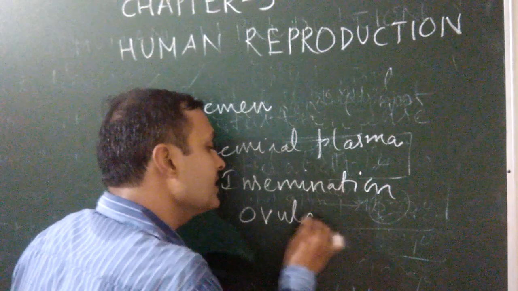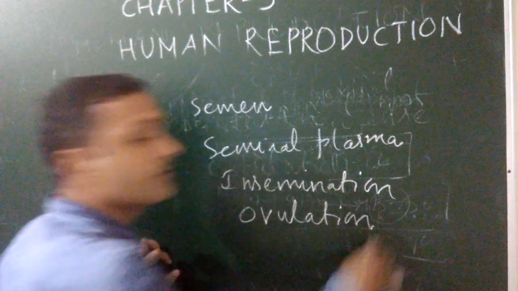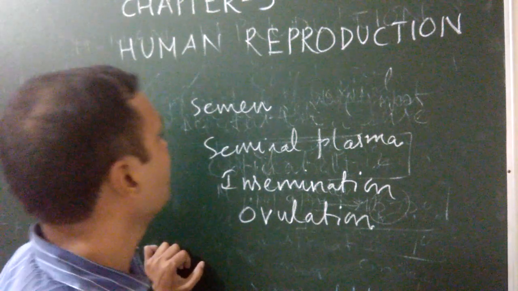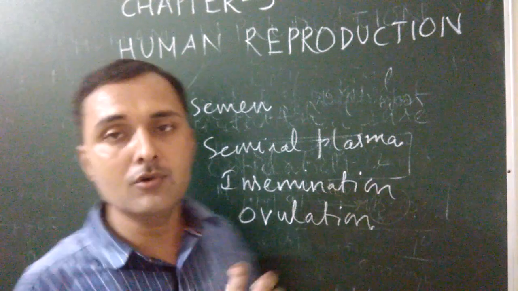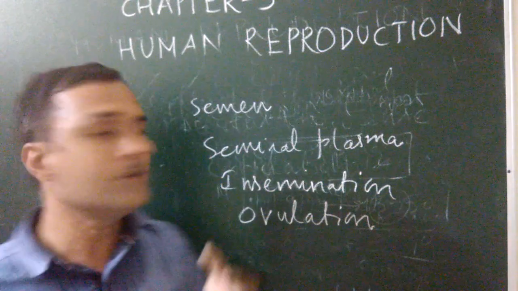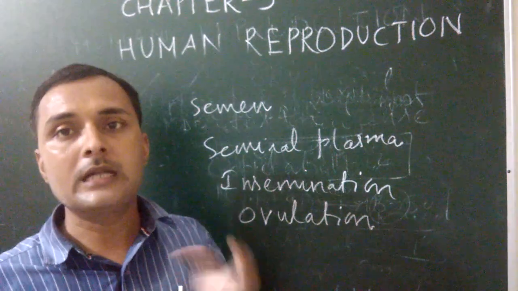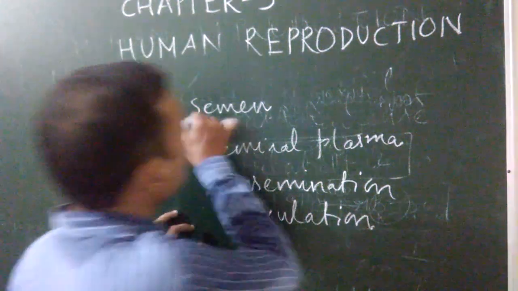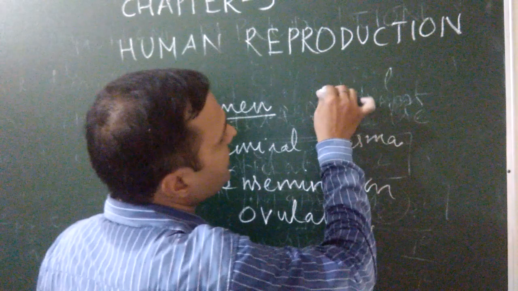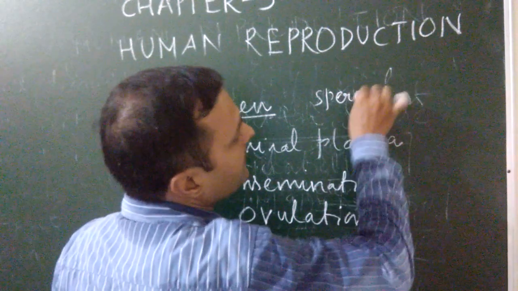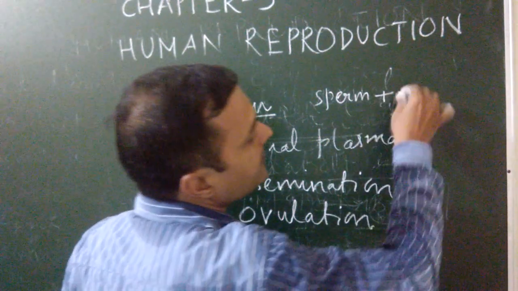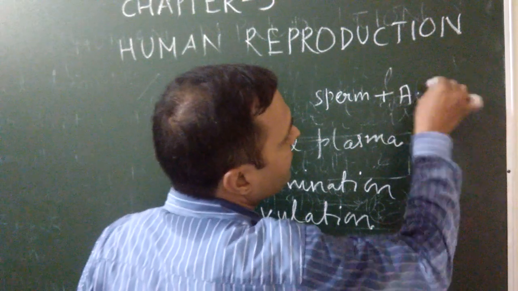What is ovulation? These terms are very important. Try to understand well. What is semen? In the human male reproductive system, semen may be defined as the male sperm plus the fluid of the male accessory glands.